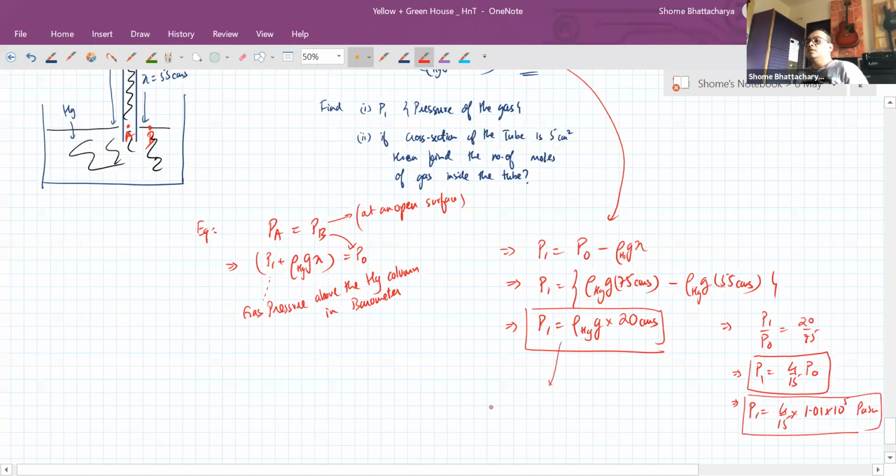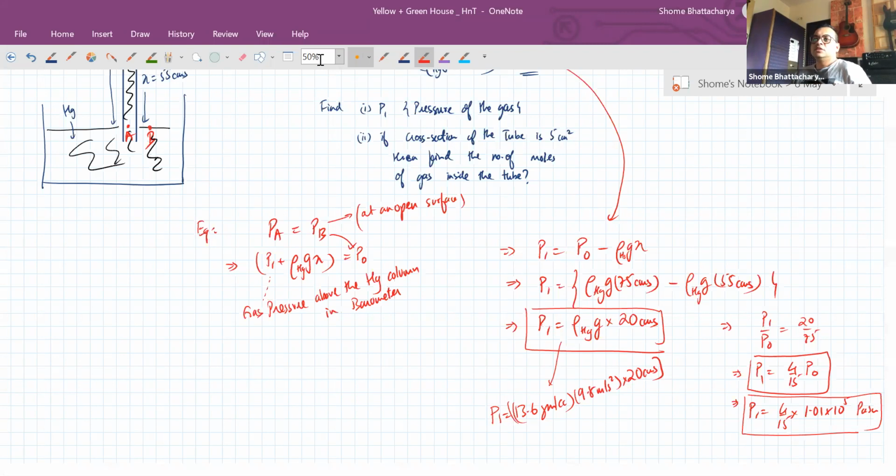Or you can do a more exact calculation with the density of mercury, so you can do this calculation and check out how much it is. That's the first thing, and the rest is very simple.